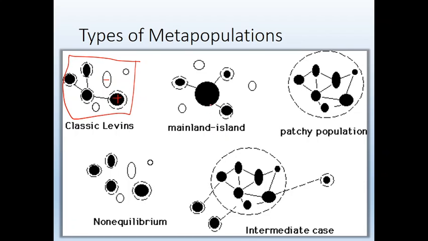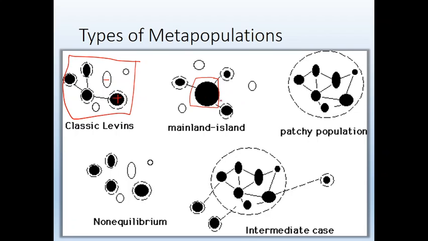Now, a mainland island type of metapopulation. There are certain mathematical properties that I don't think are useful for this class, but essentially what we have here is a mainland, whether this is a continent or a big island or something, where you just never get extinction.